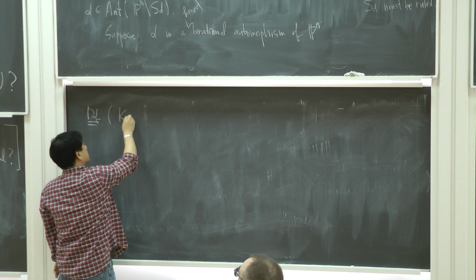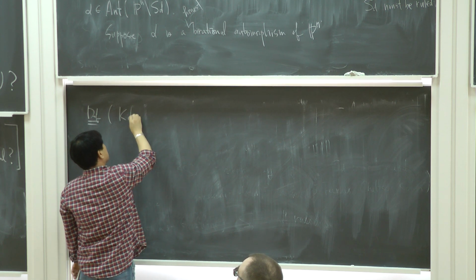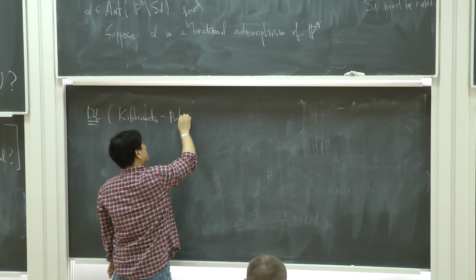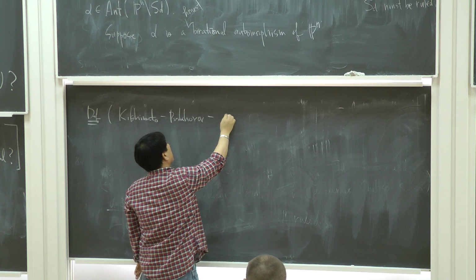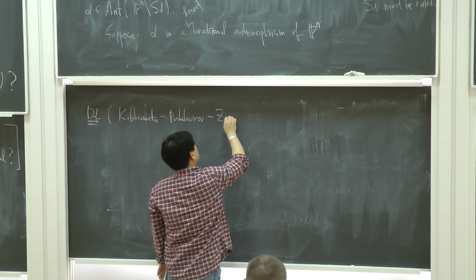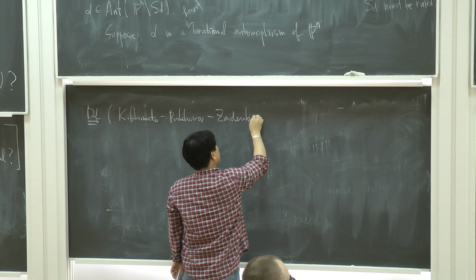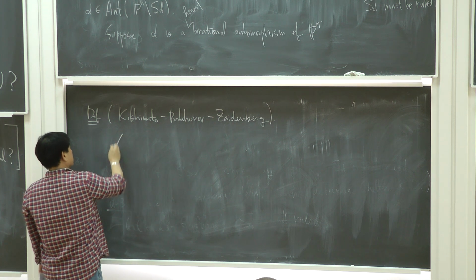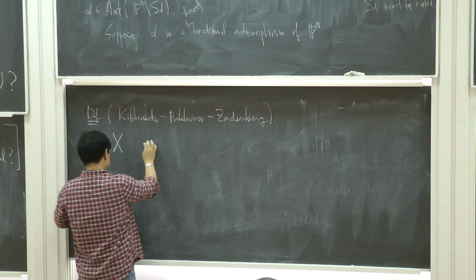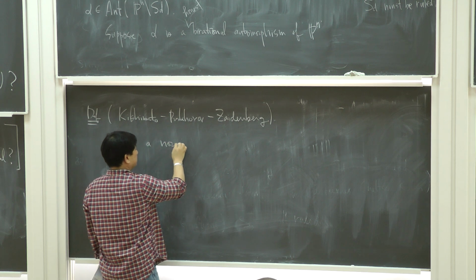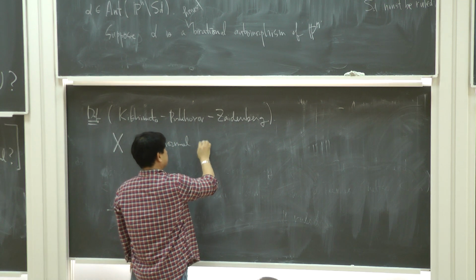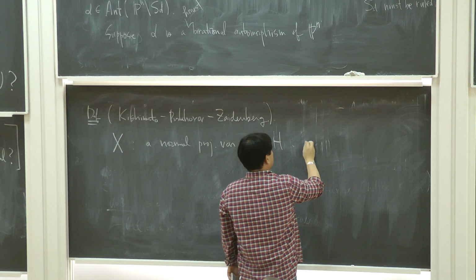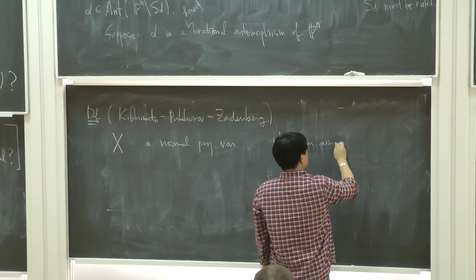Let X be a normal projective variety and H an ample divisor on X.